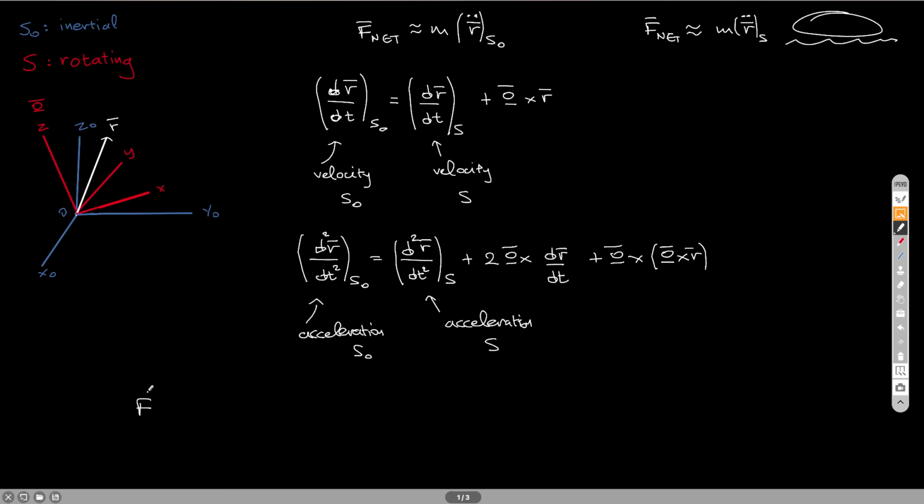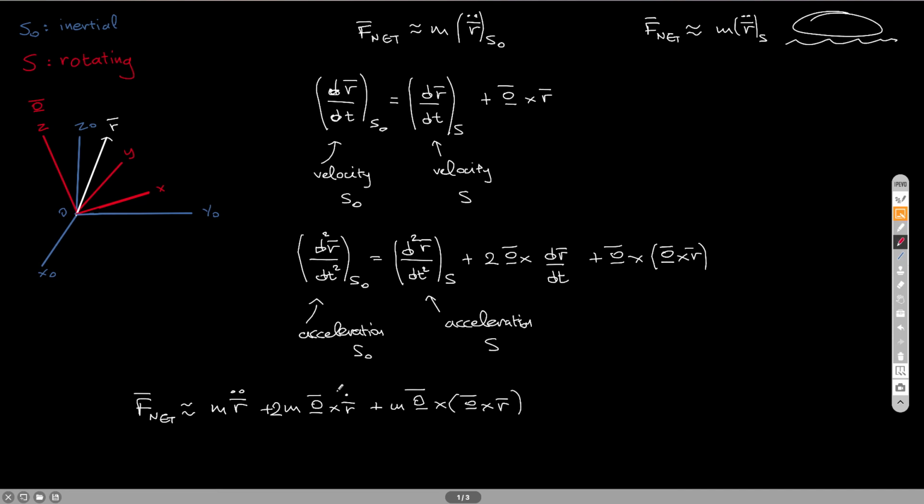So this is going to give me F net equals the mass times the second derivative of the position, the acceleration, plus 2m omega cross r dot, plus the mass times omega cross omega cross r.